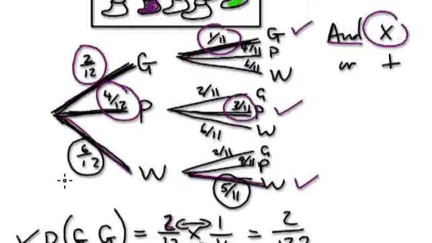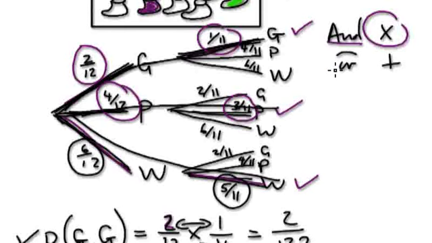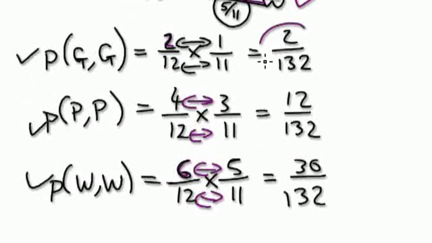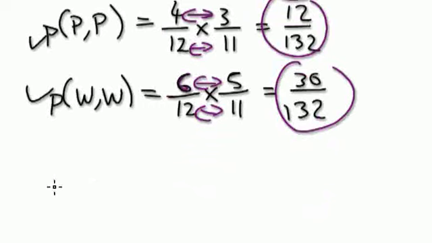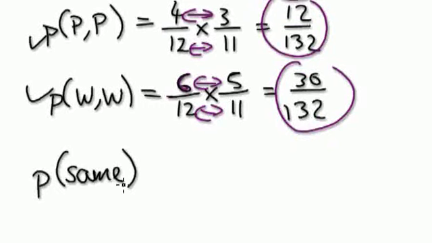So we've got 3 branches here: 1, 2, 3. We need this branch, or this branch, or this branch. When there's an or, you have to add. So we need to add all these together. So probability of same. Normally you have to make up something here so that people understand what you're talking about. Here I'm just using the word same.